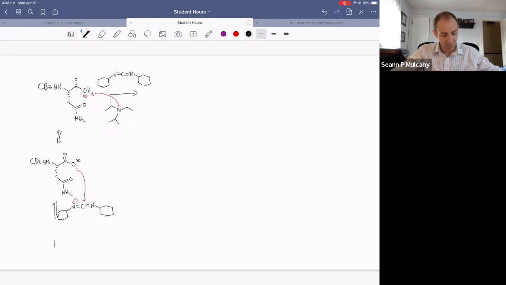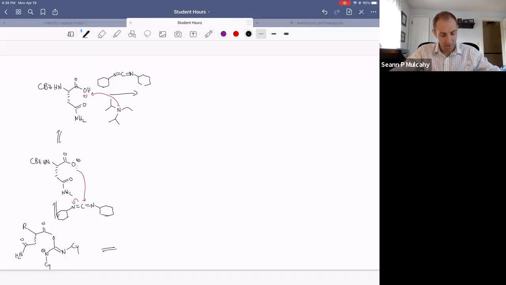And so what you end up with is something that looks like this. R, I've got my nitrogen minus there, cyclohexyl, I'm just going to label it CY, and then this is cyclohexyl as well.